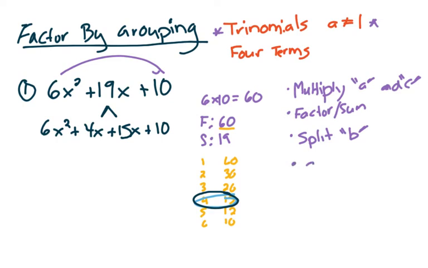So then I'm going to group them. So I'm going to draw parentheses around the first two and parentheses around the second two. And then I'm going to factor out a GCF from each group.